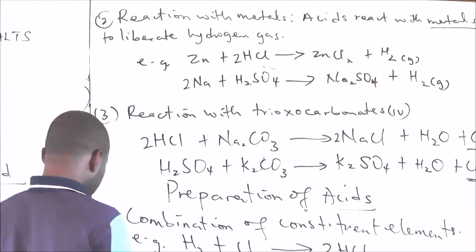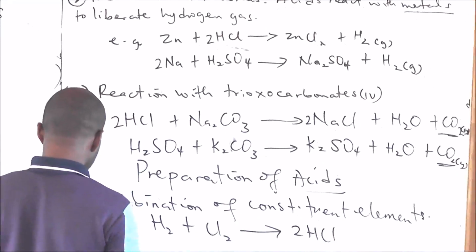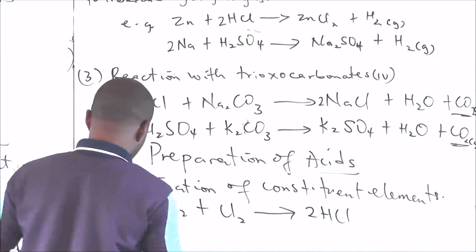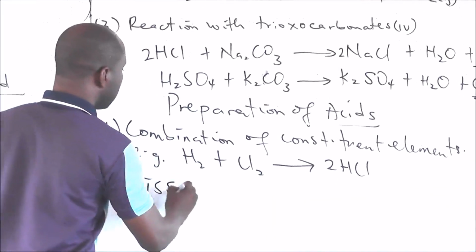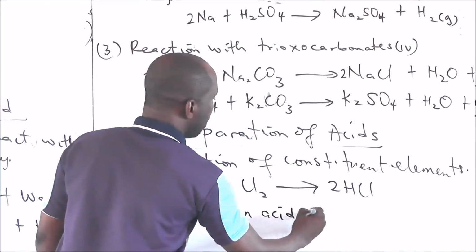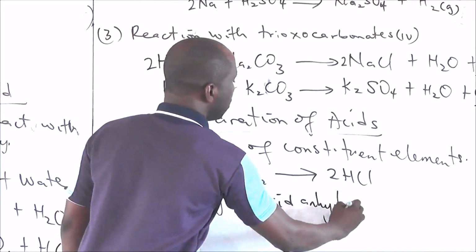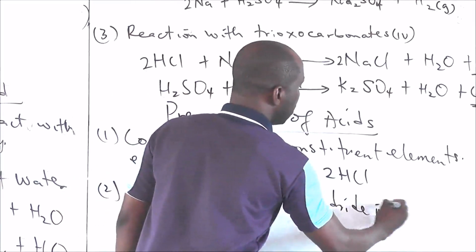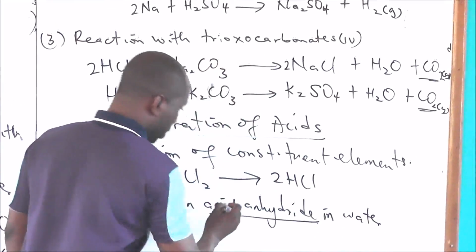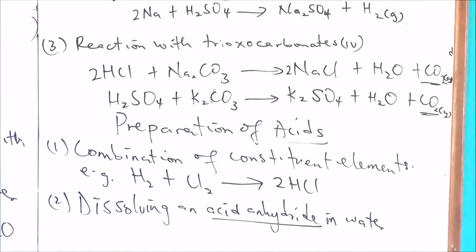Another method of preparing acid is dissolving an acid anhydride in water. Take note of the word acid anhydride.